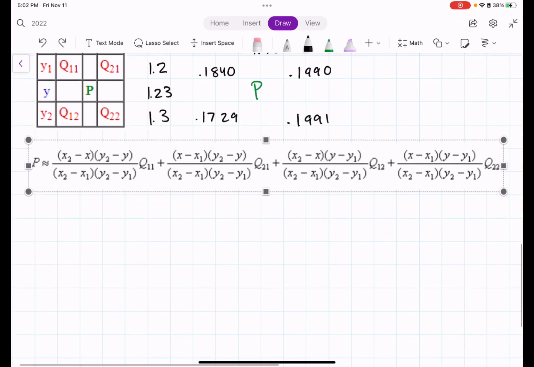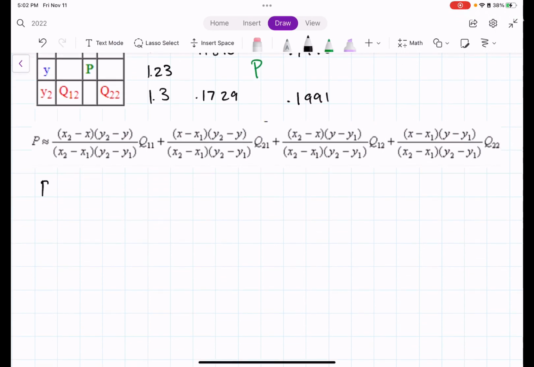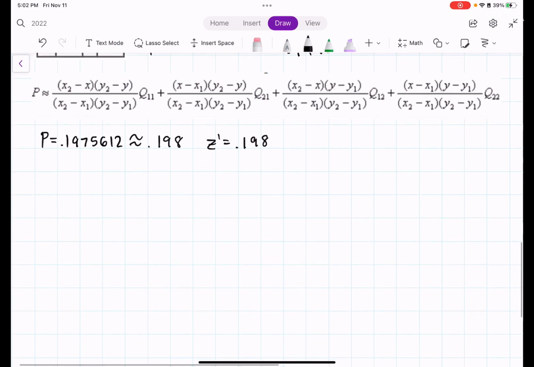After plugging it in, we get that P is equal to 0.1975612, which is approximately 0.198. So Z prime is 0.198. Perfect.